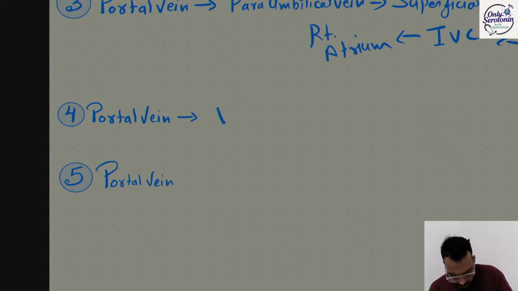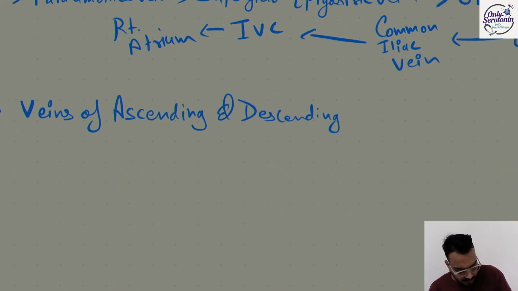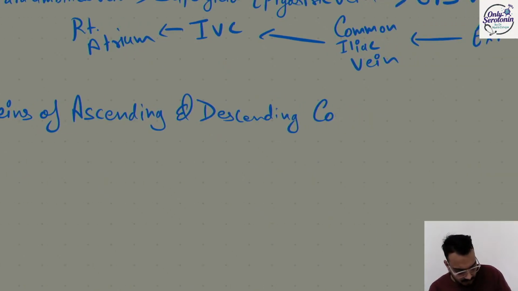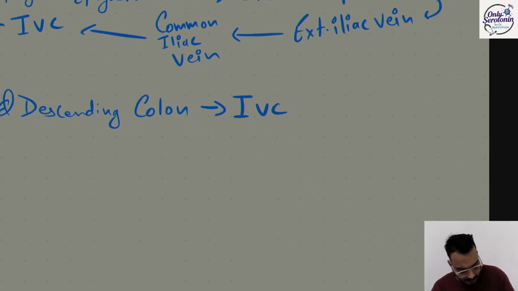The fourth one is the portal vein is supplying to the veins of ascending and descending colon. Okay. From there it will go to inferior vena cava, and from inferior vena cava it will go to right atrium.